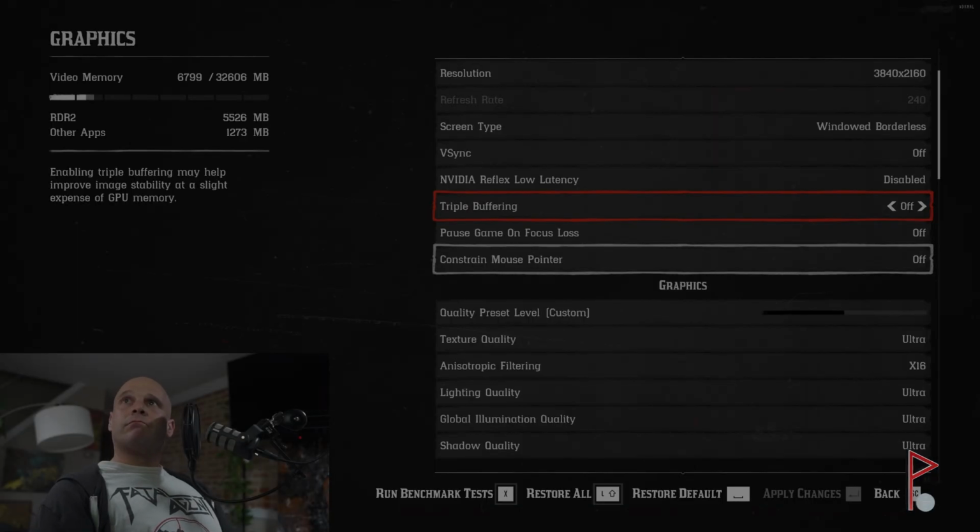NVIDIA Reflex low latency. So typically, when a GPU is running around 98%, the render queue from the CPU backs up. And when that happens, you're introducing input lag because the CPU is sending instructions that have to wait to be processed. And so you can cap frame rates to solve this.